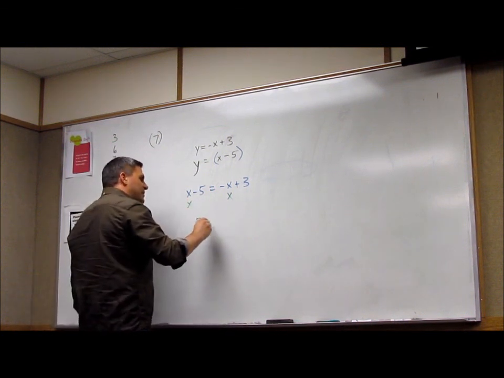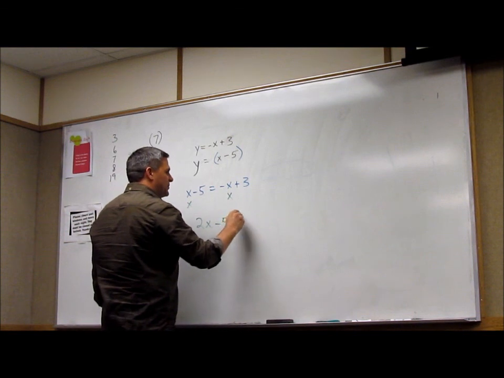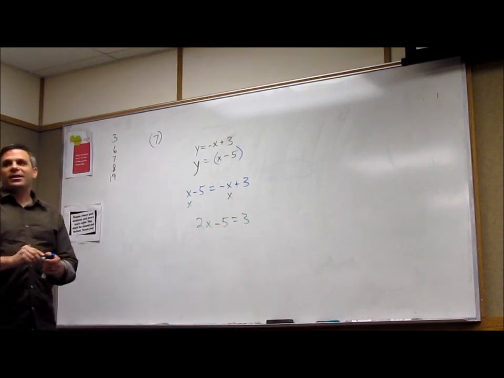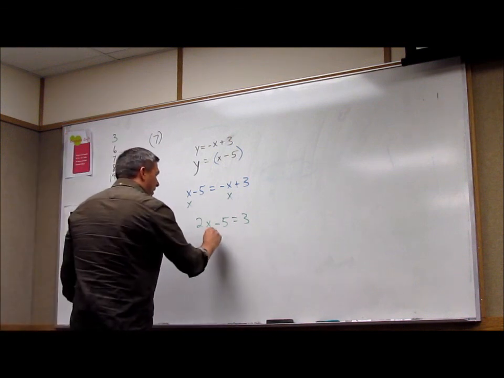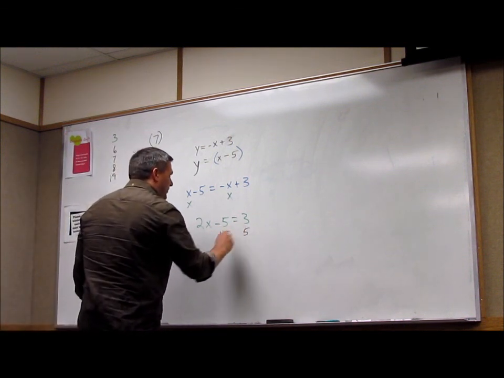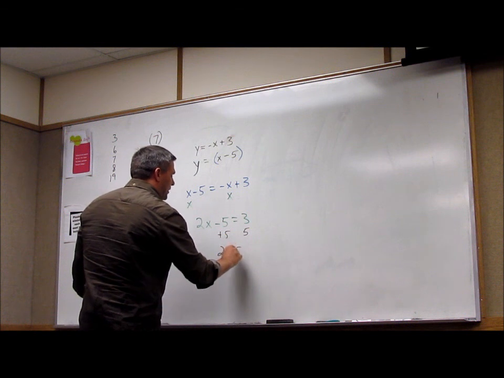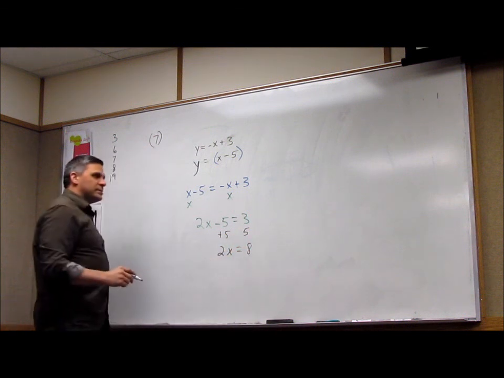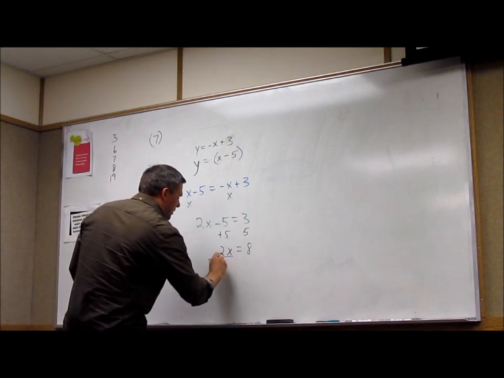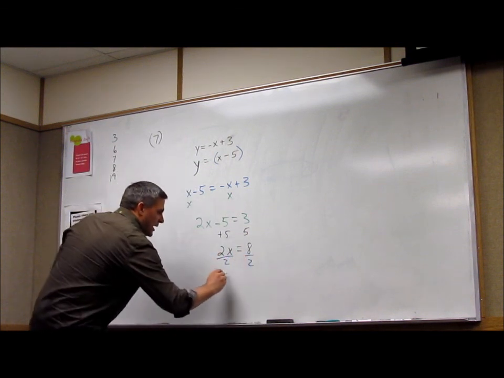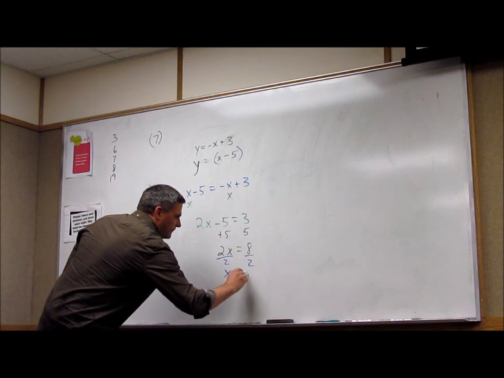It's 2x minus 5 equals 3. That's key. Now I add 5, and I get 2x equals 8. I divide by 2, and I get x equals 4.